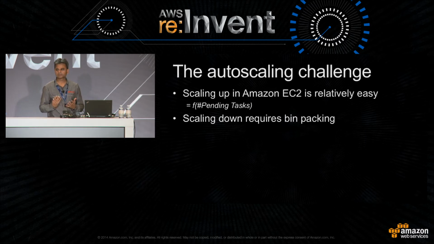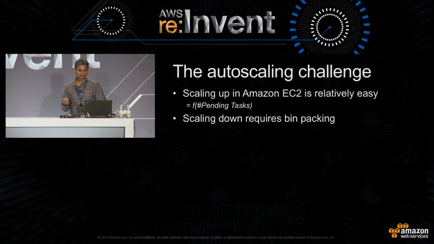You can only terminate instances that are running no tasks. If you're doing request-response, then it's easier. You have an ELB in front of it, and any failed request can be retried somewhere else, but it's not the same for long-running tasks.